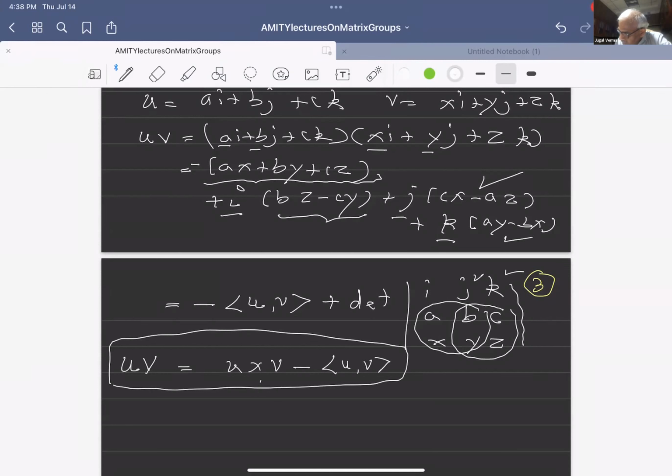Right? This cross product is certainly inside V, the space of imaginary quaternions. But this U·V is giving the real part of this quaternion.